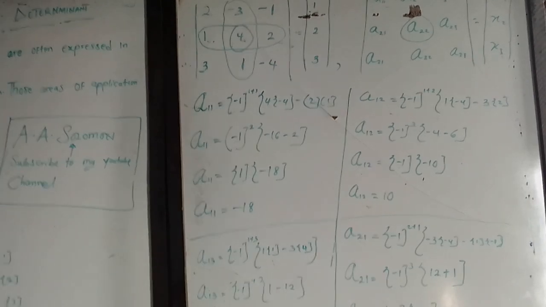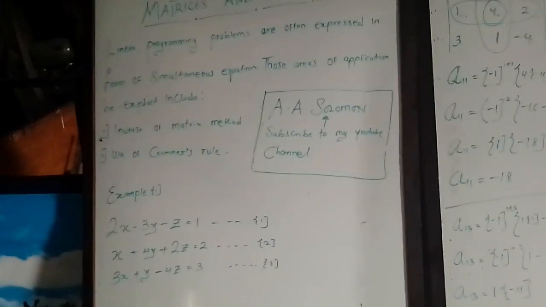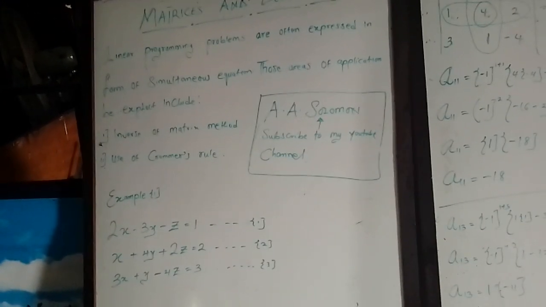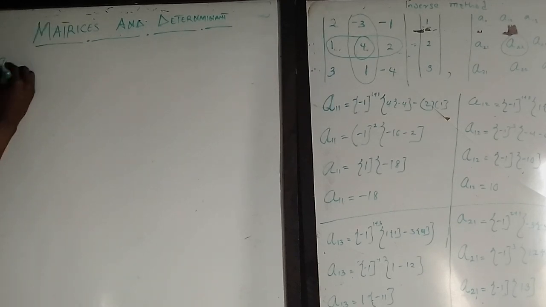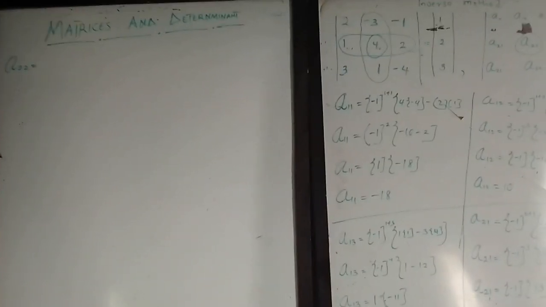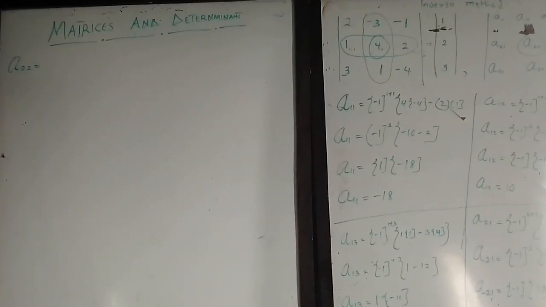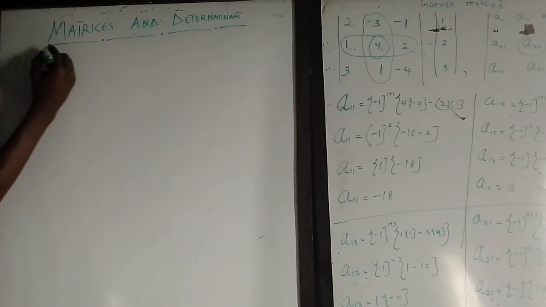So let's move to the other side. So let's move to A22. Our A22 is going to be equals to, always minus 1 is always what?